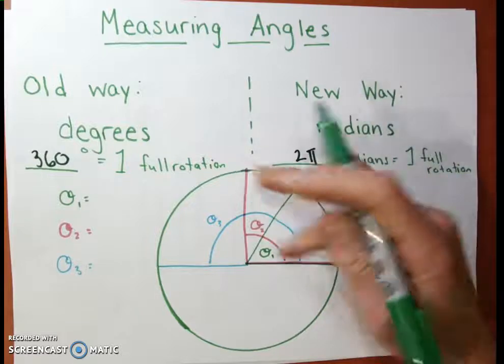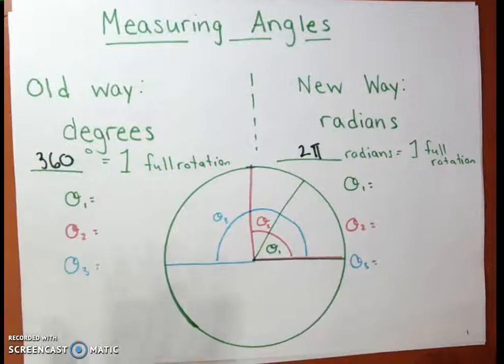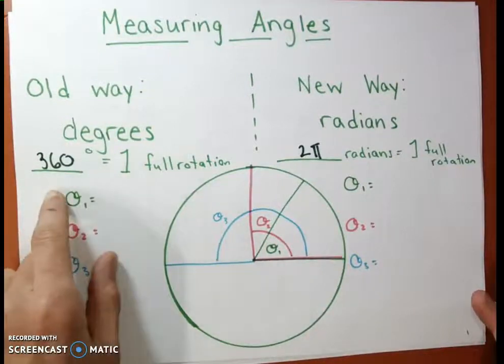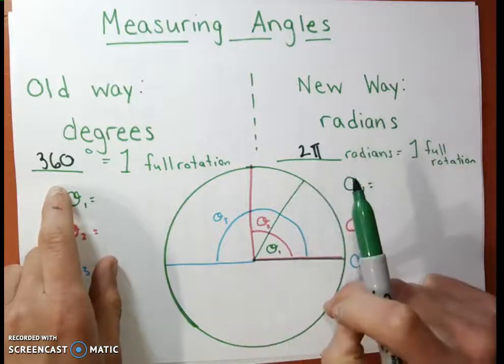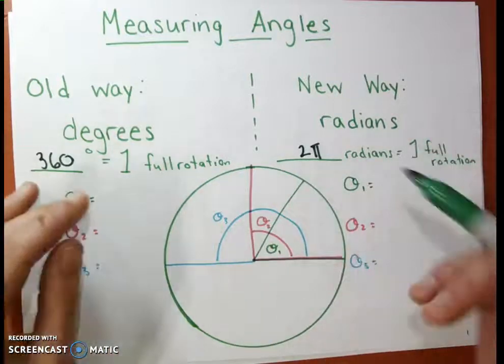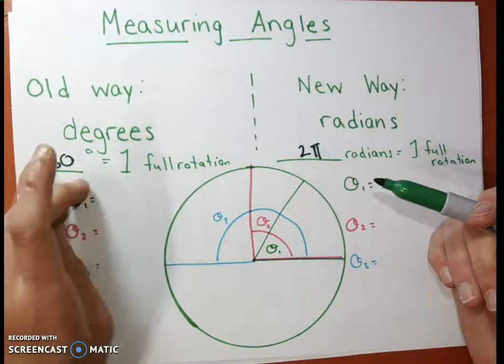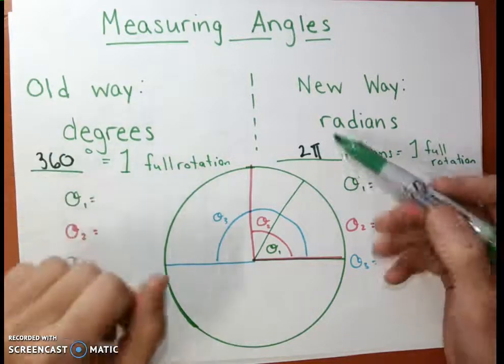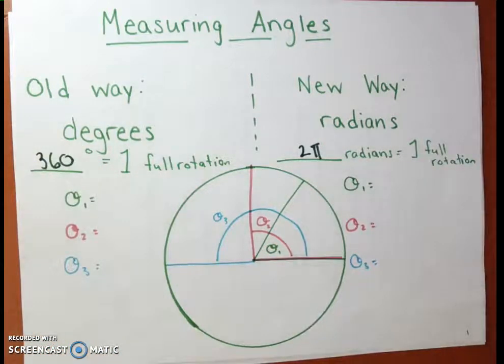And later we'll see why we choose a full circle to be 2 pi. But for now, just think about it as 360 degrees is a circle, 2 pi is a circle. So this might be your conversion, like 3 feet is approximately 1 meter. So we're just thinking about it as a conversion.